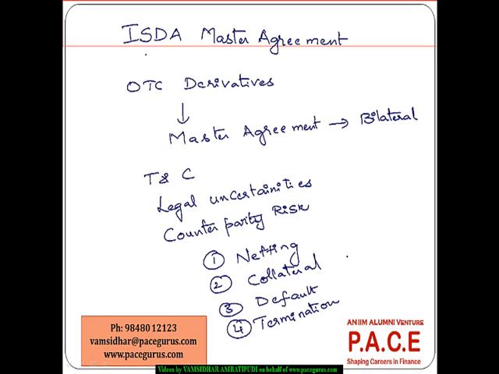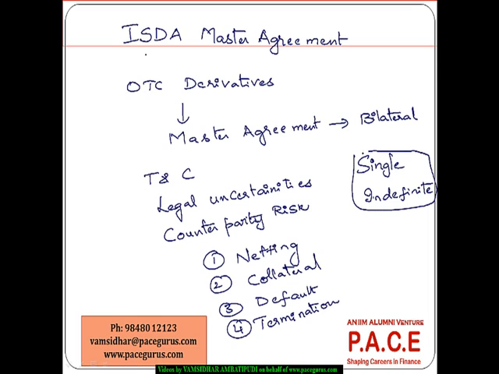So from a company's standpoint, of multiple transactions, right? Probably there need not be a separate ISDA for each transaction. Multiple transactions can be a part of one single ISDA, right? It could be a single legal contract containing multiple transactions, and even the term of the contract could be indefinite, right?